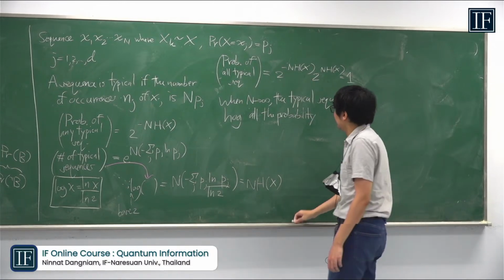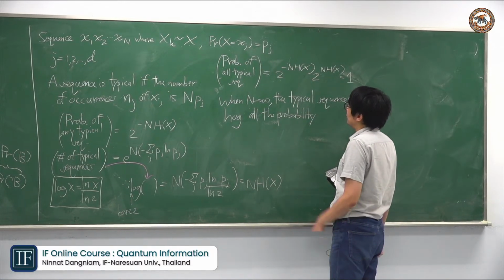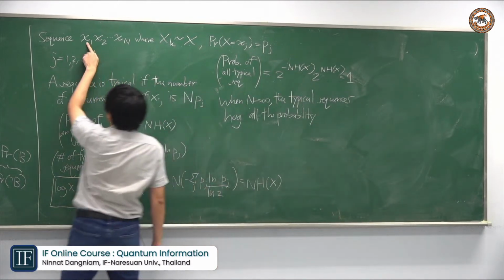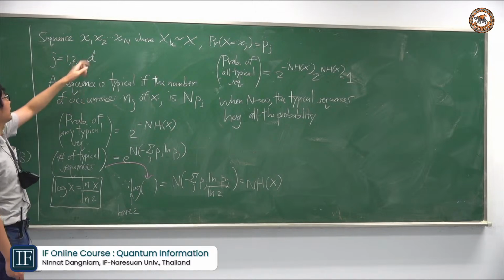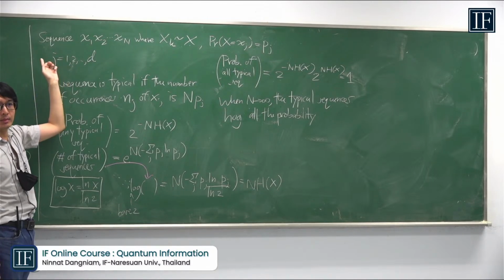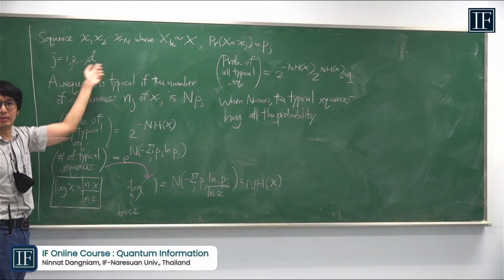But to do so, you have to give a symbol not just to each bit in a sequence, but you have to take into account all the n symbols here.